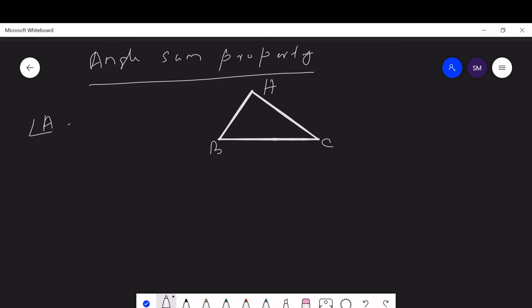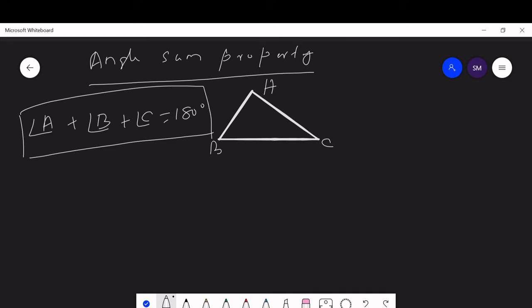The sum of the three angles, angle A, angle B, angle C, is equal to 180 degrees. The sum of the three angles in any triangle is always 180 degrees. This property is called the angle sum property.